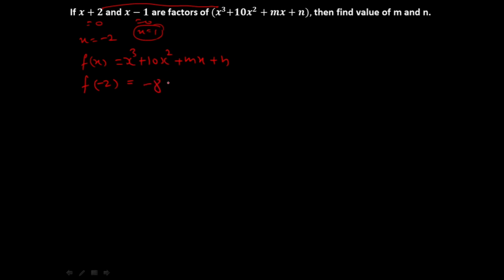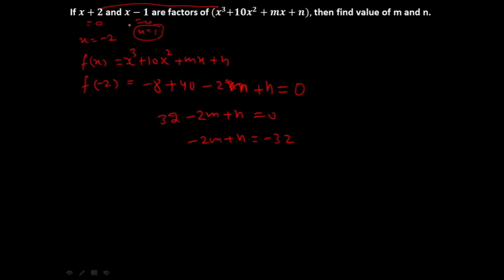Minus 2 square is 4, times 10, so 40. Then minus 2m plus n. That is the remainder, but the remainder is equal to 0. Simplify: 32 minus 2 times m plus n equal to 0, which means minus 2m plus n equal to minus 32.